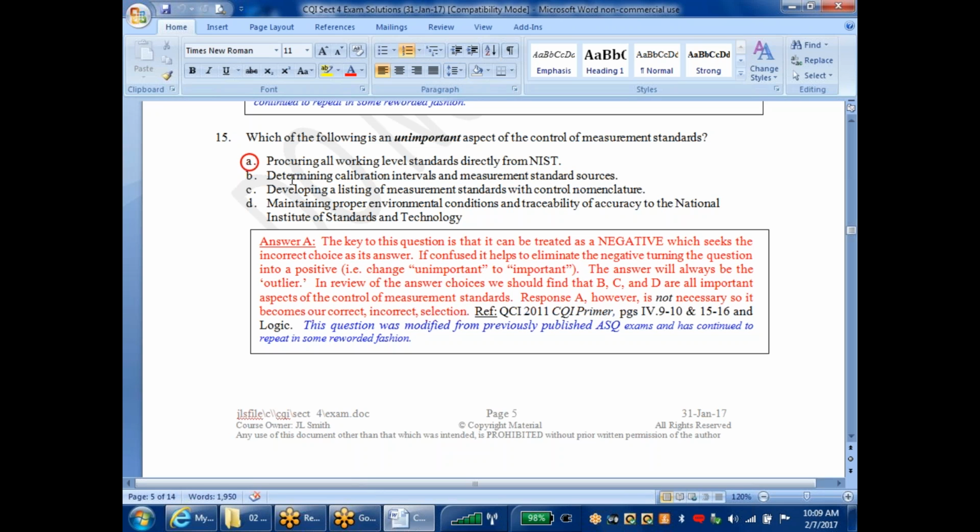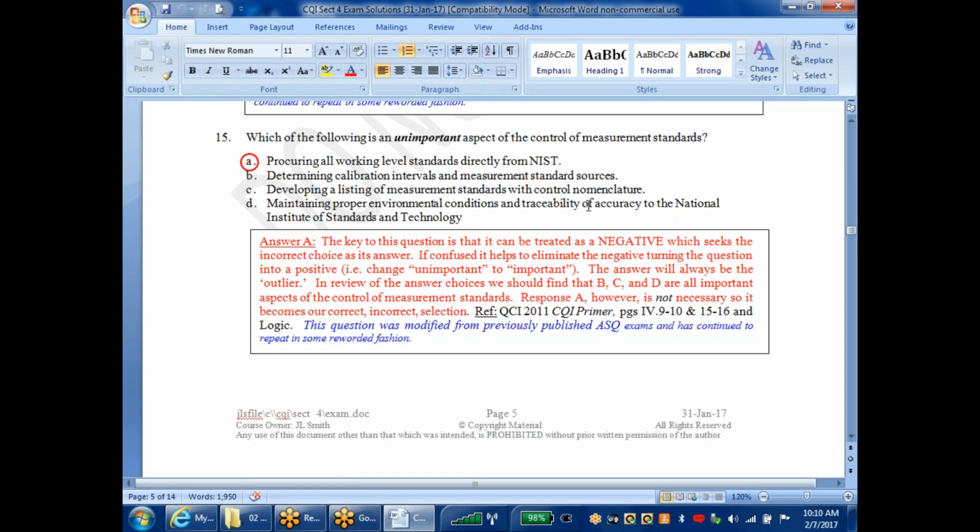Certainly what's important is determining calibration intervals and measurement standard sources. That's important. Developing a listing of measurement standards with controlled nomenclature. Yeah, that's good. And then D, maintaining proper environmental conditions and traceability of accuracy to NIST.